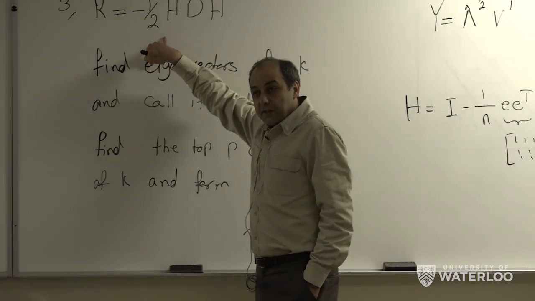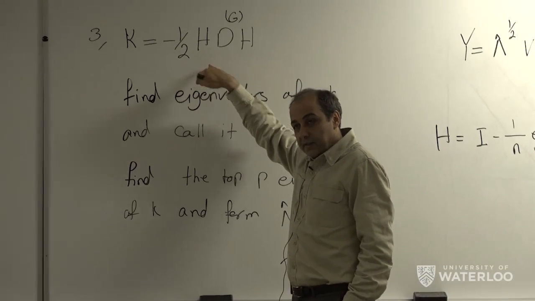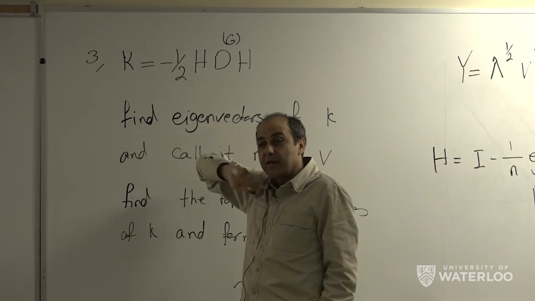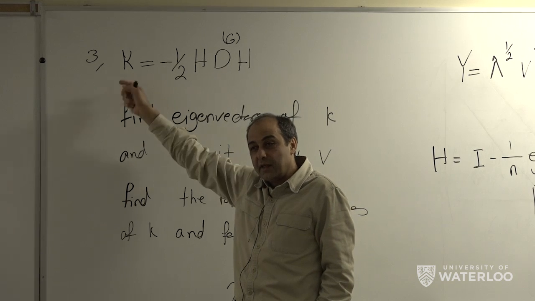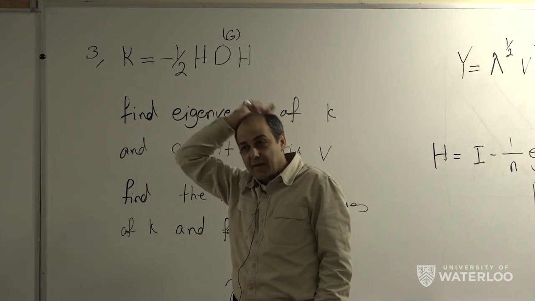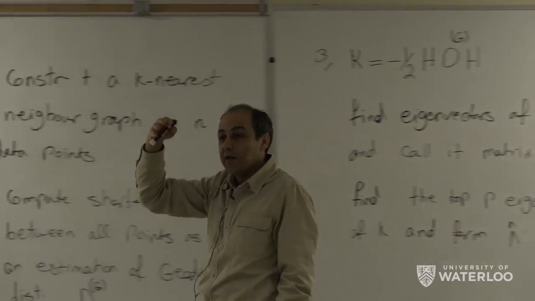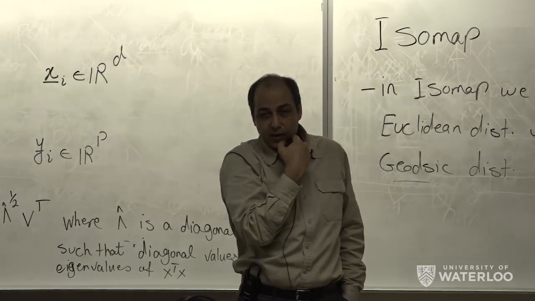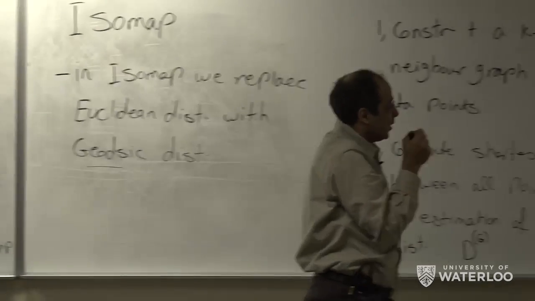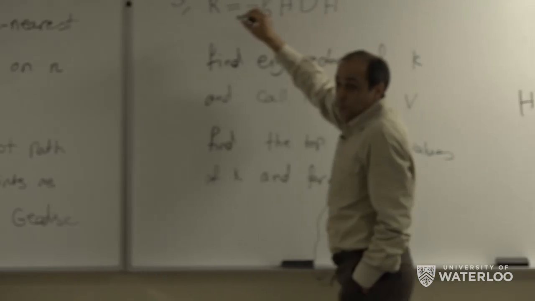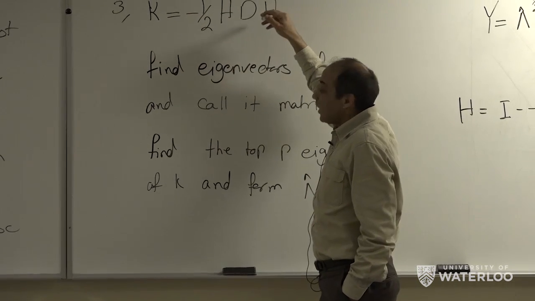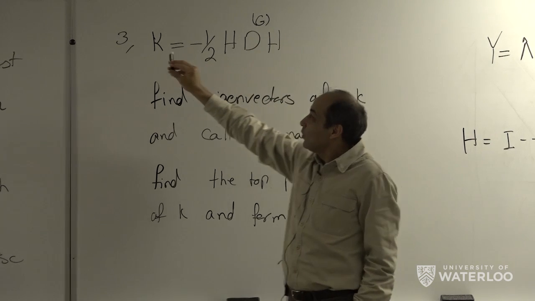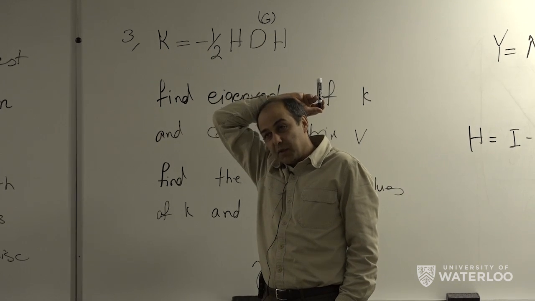So getting back to your question, does this decomposition always exist? It does exist. You can decompose K, but there is no guarantee that K is positive semi-definite. If you look at the theorem I presented the other day when I was talking about MDS, the theorem explicitly says there is a correspondence between positive semi-definite matrices and Euclidean distances. If distance is not Euclidean, there is no reason that K is positive semi-definite.